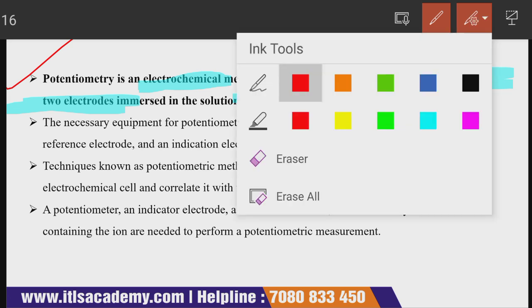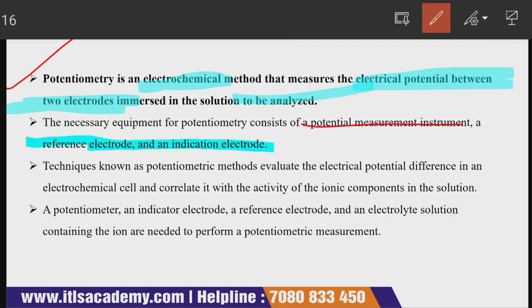It consists of one reference electrode as well as one indicator electrode.